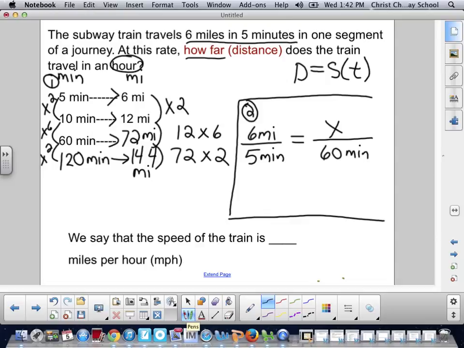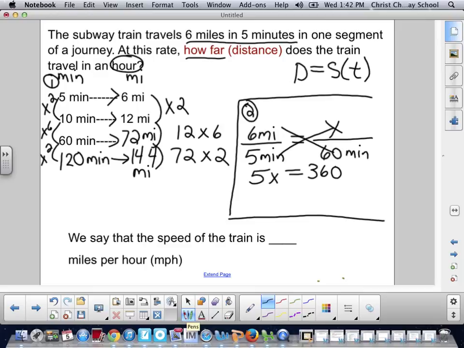So then all we need to do is cross multiply and divide. So let's go ahead and do that. So 5 times x is 5x equals, and then we're going to multiply 6 times 60. And 6 times 60, go ahead and do your mental math. 6 times 6 is 36, plus your 0 is 360.